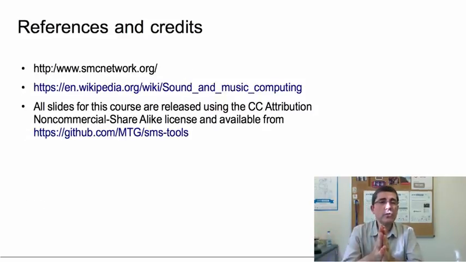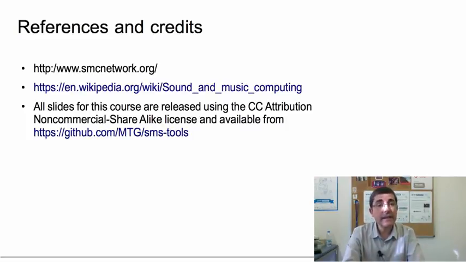Okay, to look for these references, the smcnetwork.org website keeps a list of all the journals and conferences that I have mentioned, so that's a good way to start looking for specific links. And there are other things there that you might be interested in.